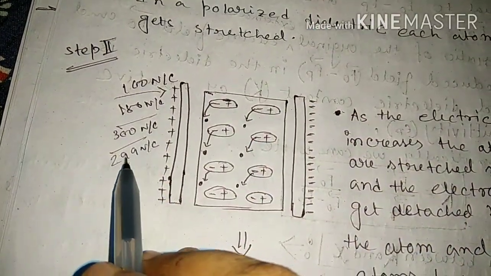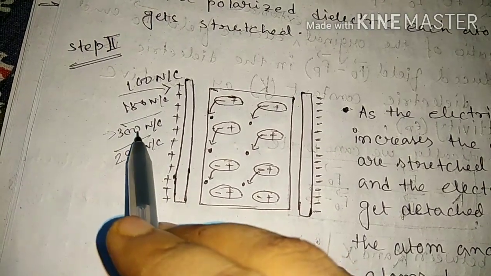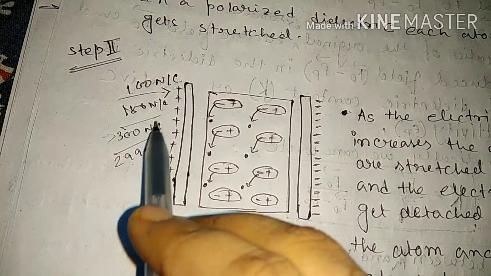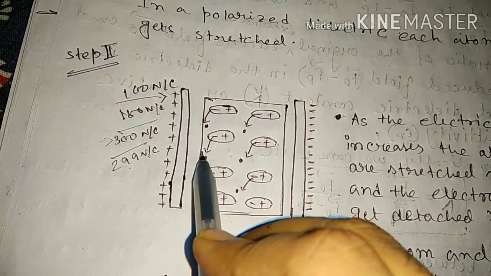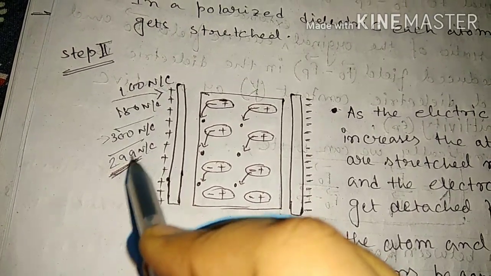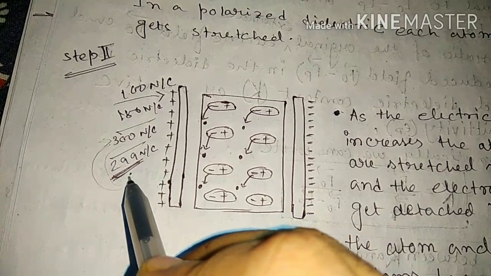But when just 1 Newton per Coulomb more is applied, that means 300 Newton per Coulomb electric field is applied, the electrons detach from their atoms. This is called electric breakdown, and this is called dielectric strength.